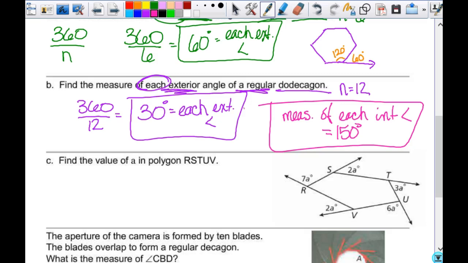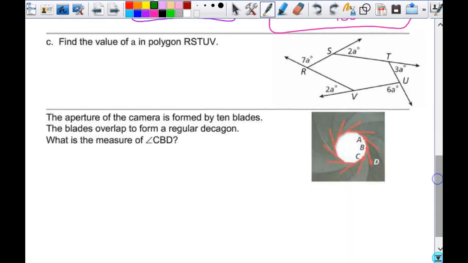Any questions at all? All right, so on C, it says to find the value of a in polygon RSTV. So these angles that are labeled are what kind of angles? Exterior. So I'm going to add them all up and set them equal to the sum of the exterior angles. So how do I find the sum of the exterior angles of a pentagon?